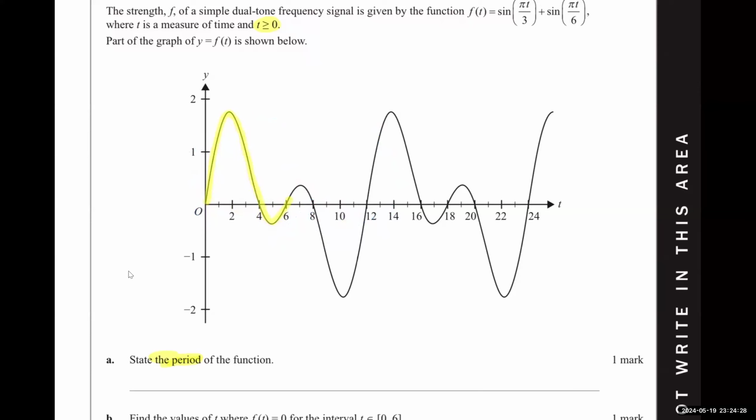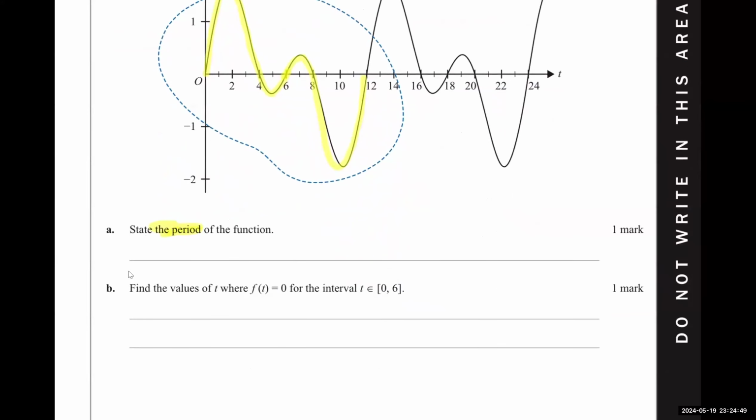And therefore, you probably need to go a little bit further, say from 6 to 12 as well. So now if you are pushing this part of the graph by 12 units to the right or 24 units to the right, etc., the graph will repeat itself, okay? And the period is 12.